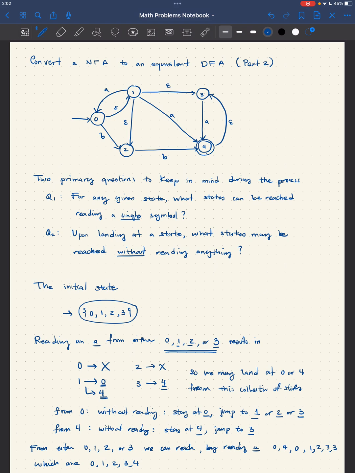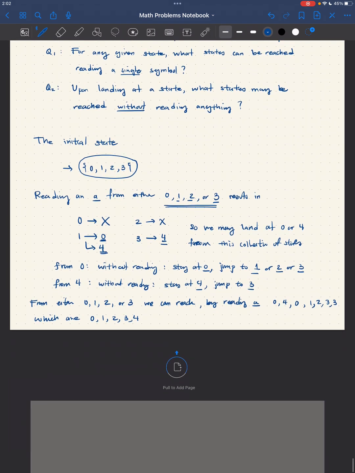Okay, so now that is going to make a progression towards the machine that we are building, and we'll make it now a little bit more explicit, and we'll have it just right here. So what is the new picture that we get? Well, we get something along these lines. We have this initial state of 0, 1, 2, 3. Upon reading an A, right, we can get to 0, 1, 2, 3, and 4.